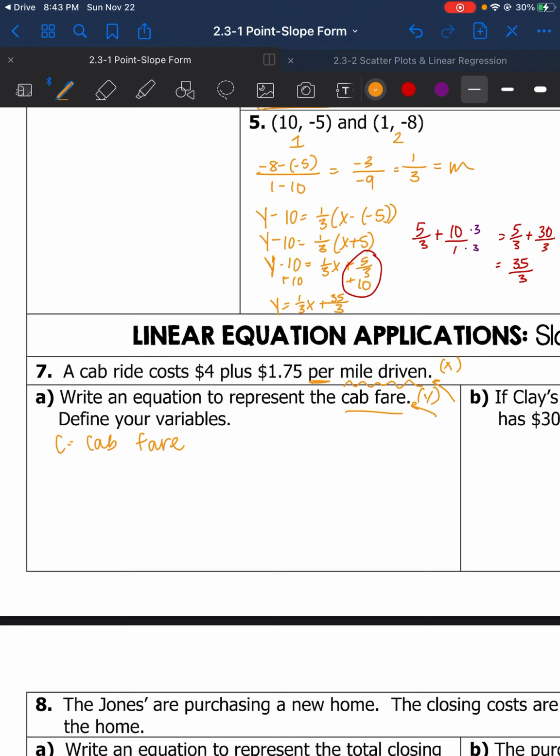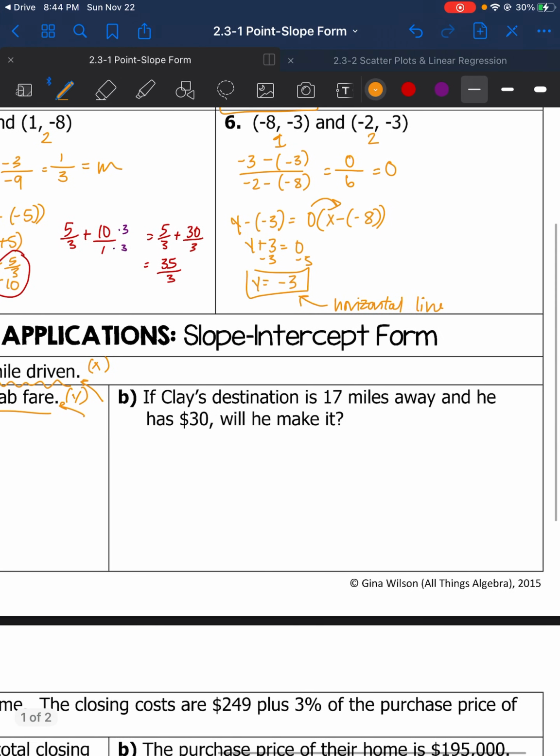So for our y, we're using C for cab fare, and our x, I'm just going to use m for mile driven. Okay, so it looks like our cab fare is equal to $4 plus 1.75 times m. So for every mile we drive, we multiply it by 1.75, and then we have to add our $4 base fee there. Okay, so here is our equation.